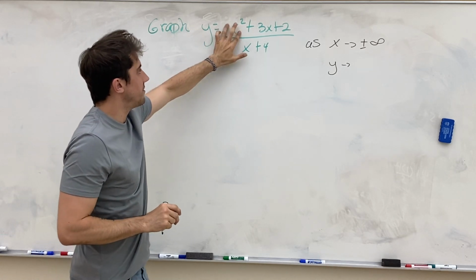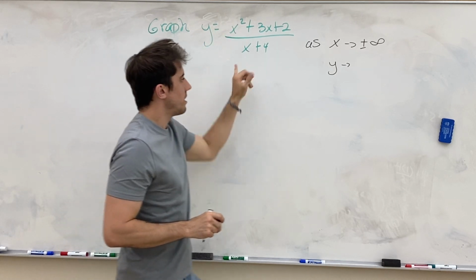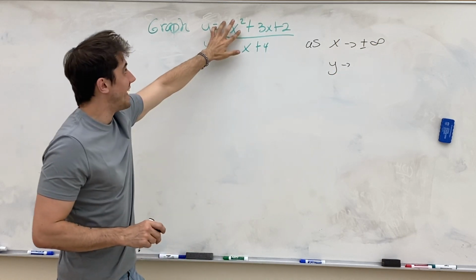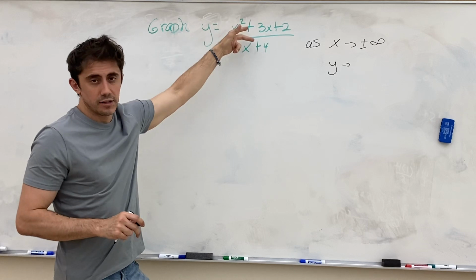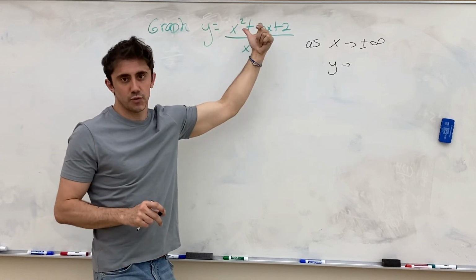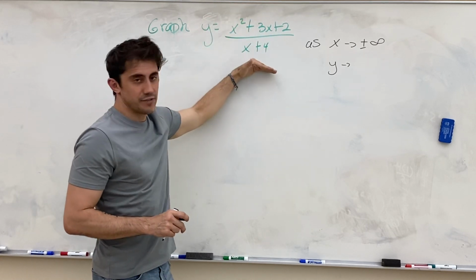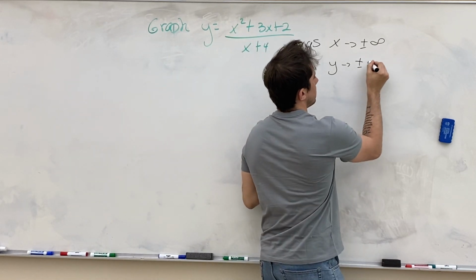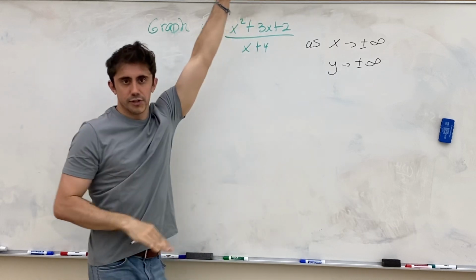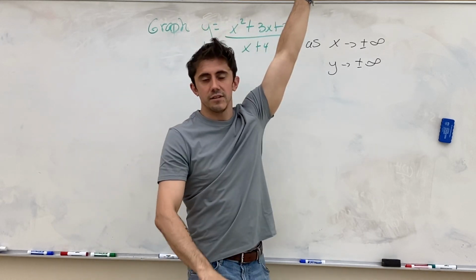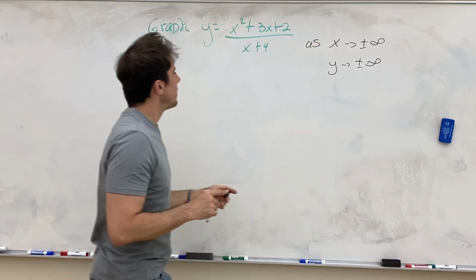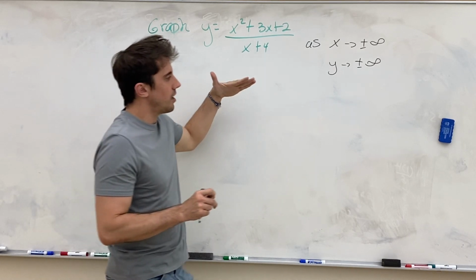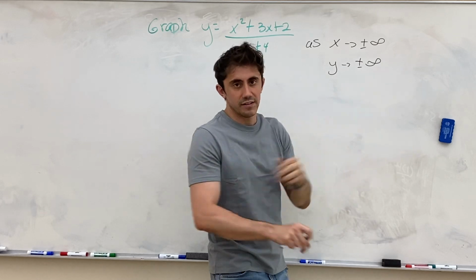Because infinity squared over infinity will be positive infinity, and negative infinity squared will be a positive value because it's a square, but it'll be over negative infinity, and so positive over negative would send the y similarly to positive infinity and negative infinity. And so we can't really get a horizontal asymptote to come out of that, right?